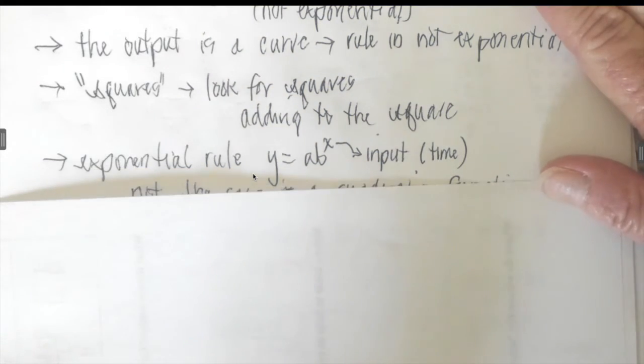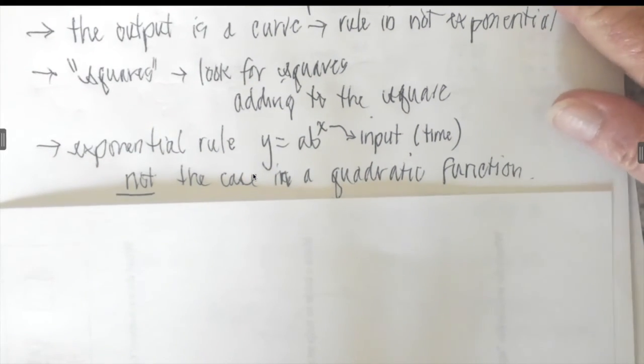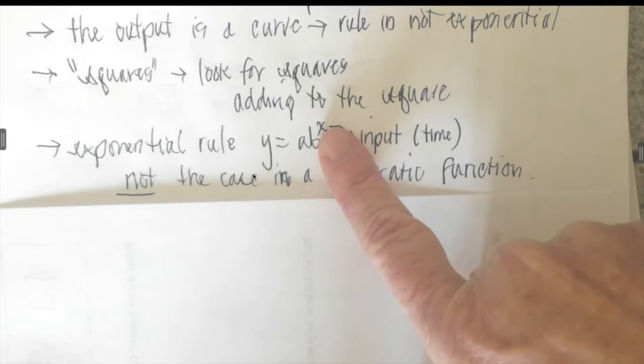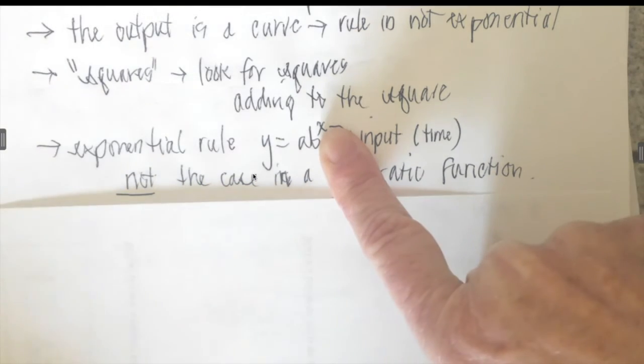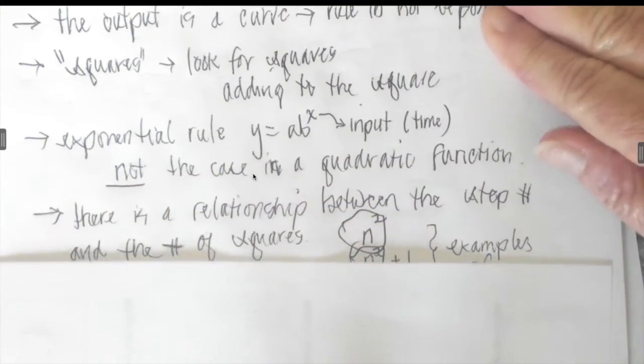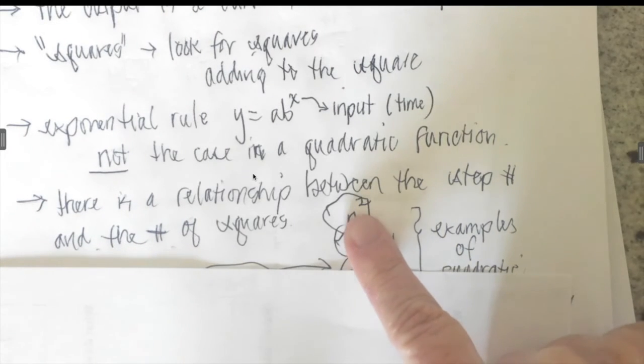Well, in this case, I am not doing time in a quadratic. I'm not multiplying up here. My exponent is not x. What is my exponent that we've seen over and over again in this lesson? We've noticed that it is always 2.